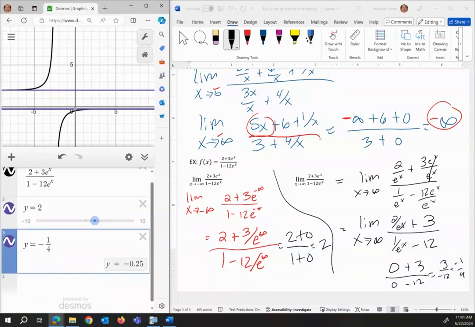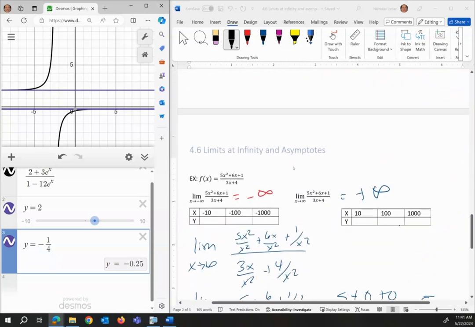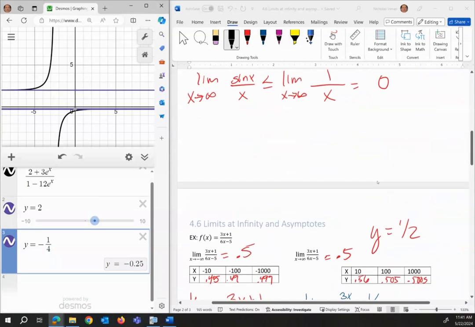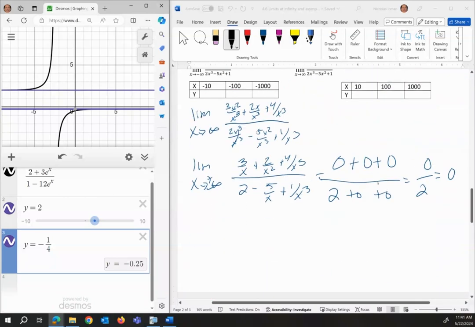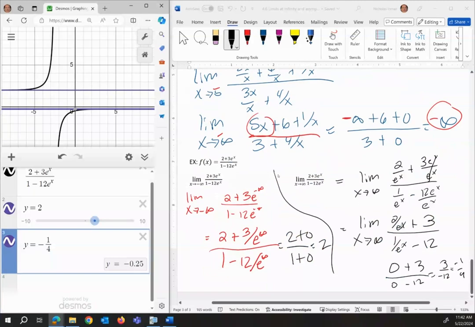So hopefully we have a decent idea here of how to do limits to infinity. Some of them will produce answers of infinity, like we saw with this one, or negative infinity. Some of them might have 2 asymptotes. Weird things happen for positive infinities compared to negative infinities sometimes.